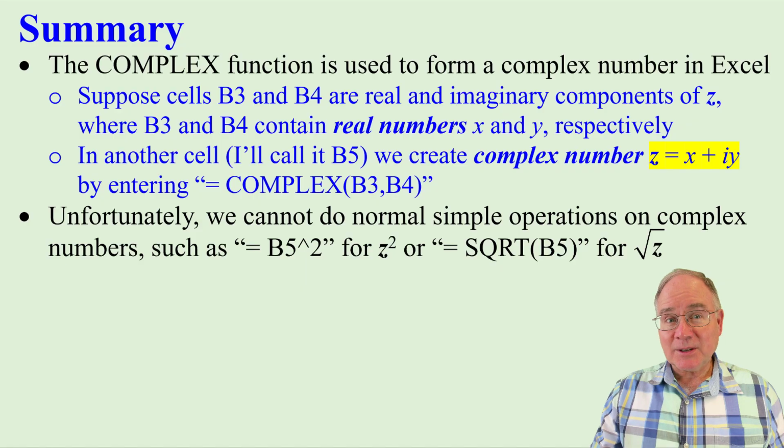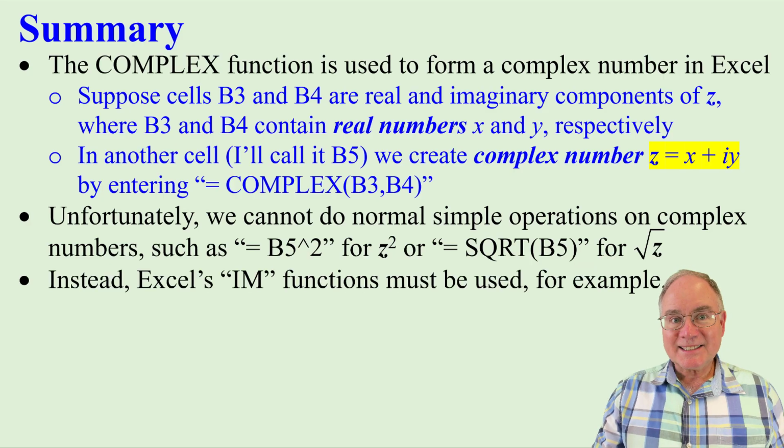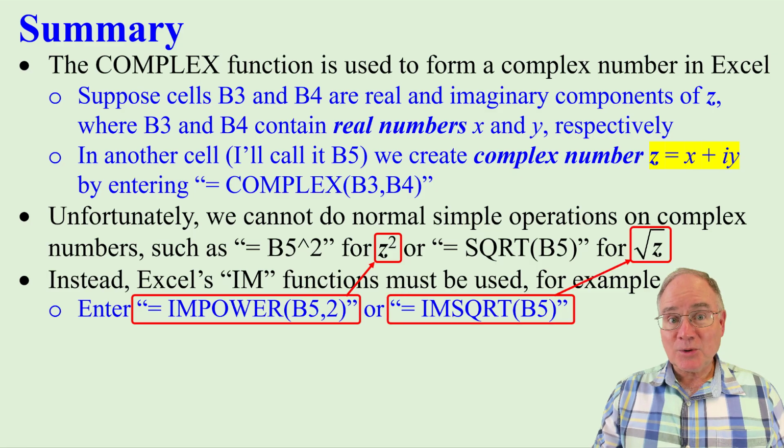Unfortunately, we can't do simple mathematical operations like additions or square roots or anything like that in the normal way, like z squared or square root of z, when z is complex. Instead, Excel's IM functions must be used. For example, the IMPOWER function can be used for z squared, and the IMSQRT function for the square root.